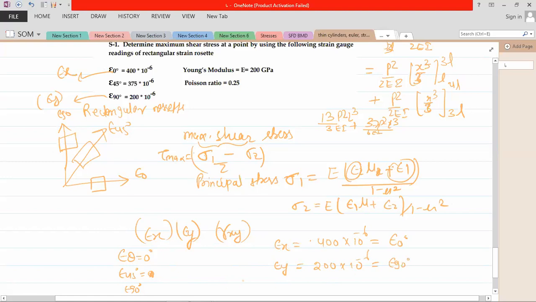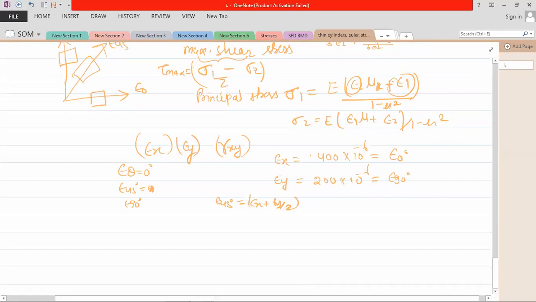Now you need to find epsilon 45, and for that we use the formula that I used in the morning: epsilon theta equals epsilon x plus epsilon y by 2, plus epsilon x minus epsilon y by 2 cos 2 theta, plus gamma xy by 2 sin 2 theta.